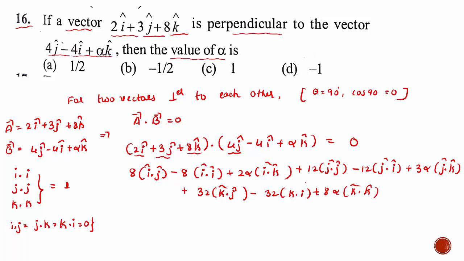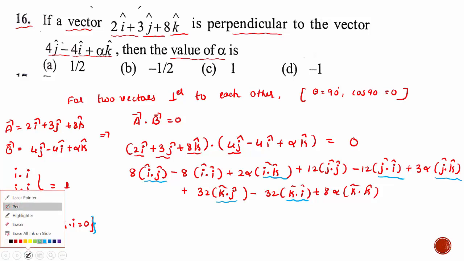Now you can observe i dot j, i dot k, j dot i, j dot k, k dot j, k dot i. These are always equal to 0. Leave it. i dot i is how much? 1.